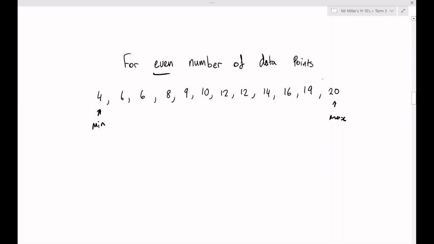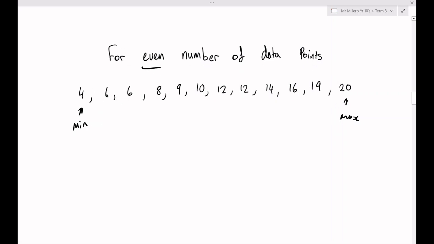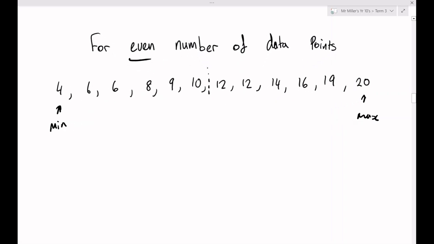Half of 12 is 6, so I'm going to look around the 6th number. 1, 2, 3, 4, 5, 6. Below we got 5, above we got 6, or the opposite problem. So the median here lies between the 10 and 12.